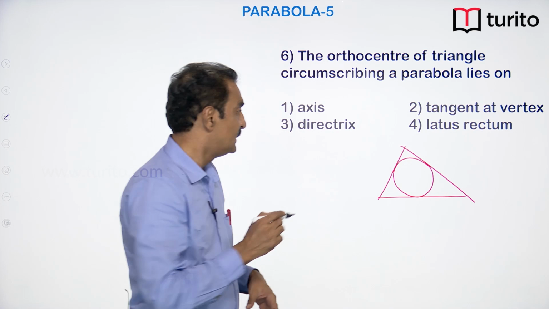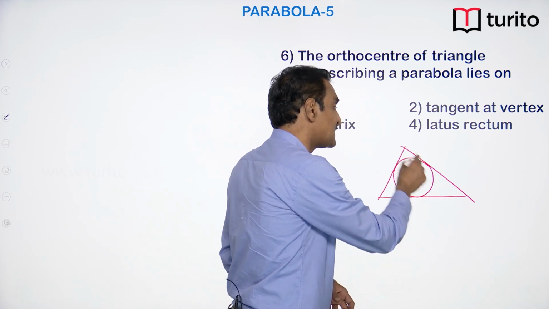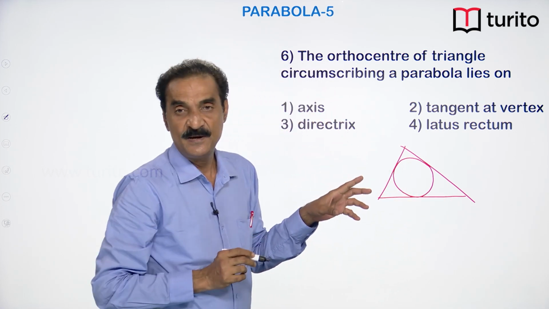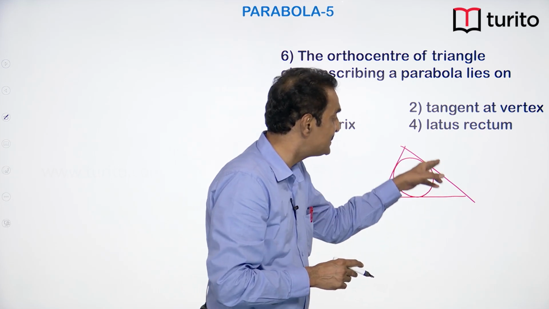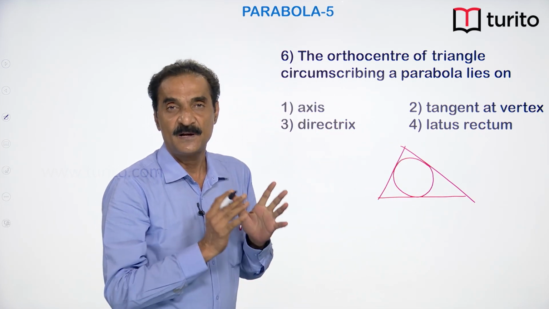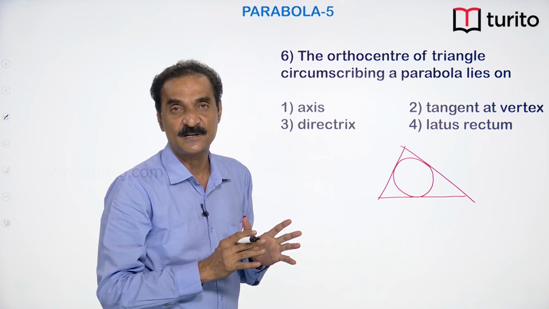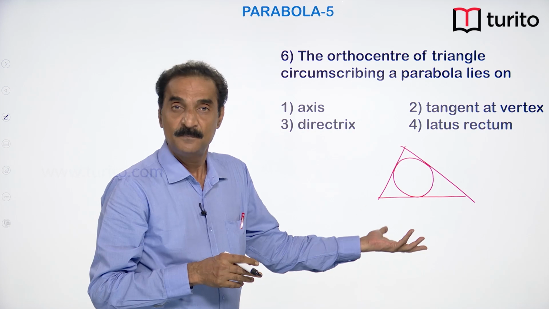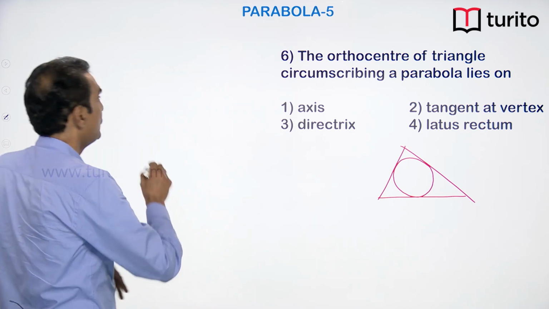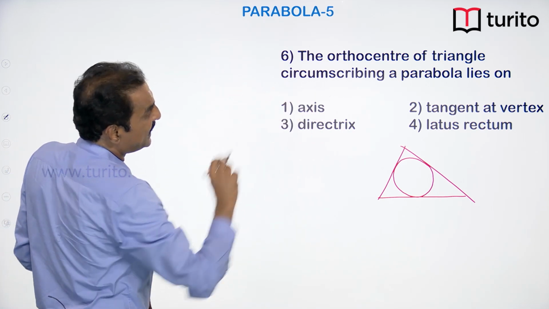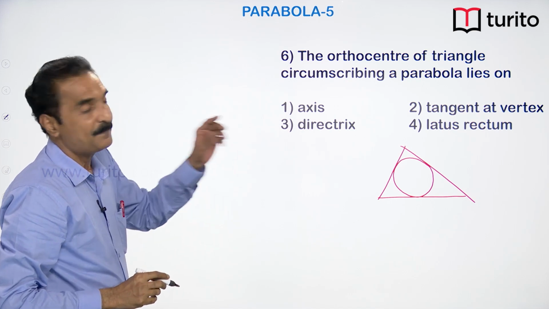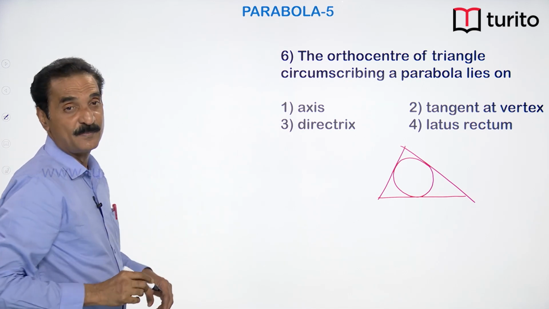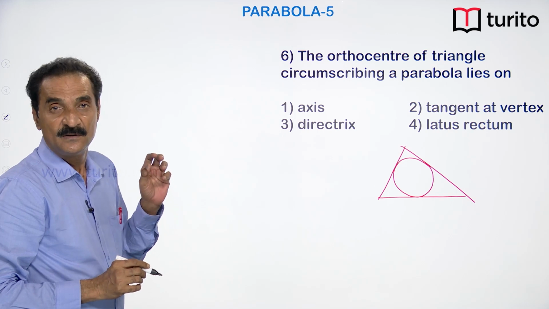Okay. Triangle is circumscribing a circle means triangle is formed by the tangents of the circle. If a triangle is formed by 3 tangents of the circle, then triangle is circumscribing the circle. Similarly, here triangle is circumscribing the parabola means triangle is formed by 3 tangents of a parabola.